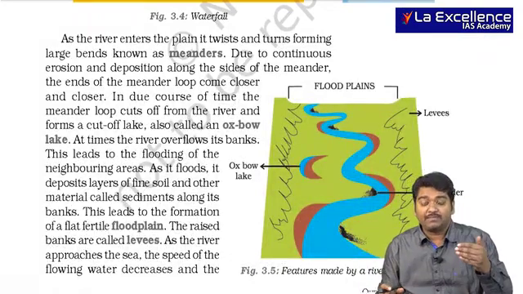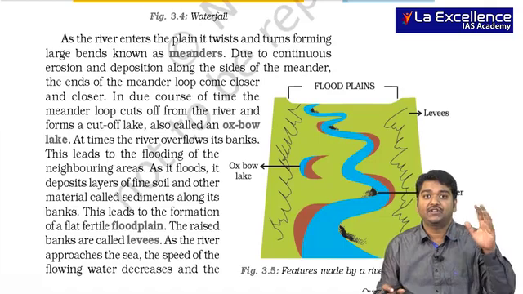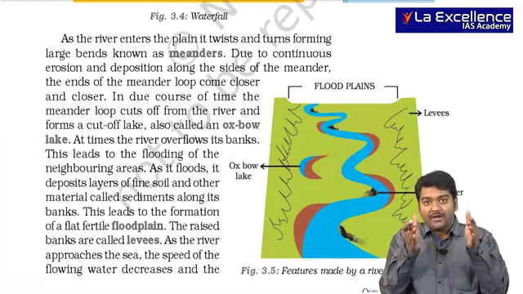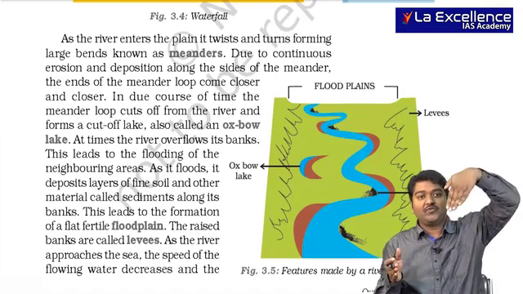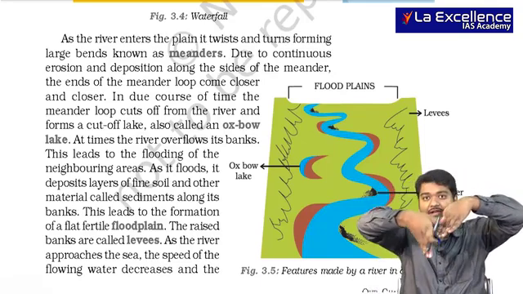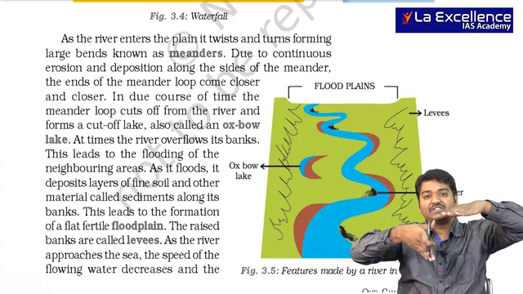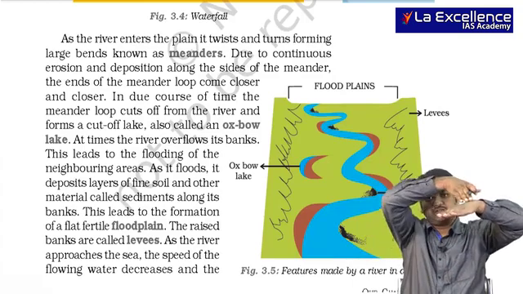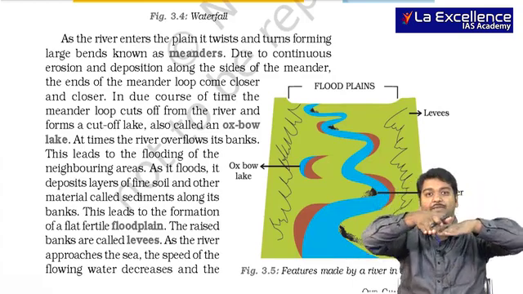Let us see an example of a depositional feature. When the river is moving on a steep slope, the river moves quickly, correct? But when it is moving like this, the river moves slowly, correct?